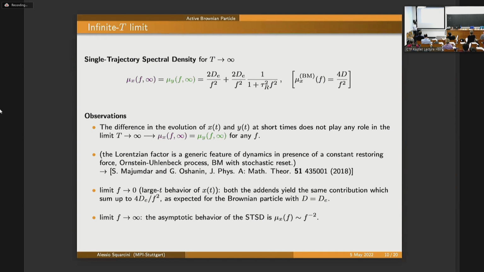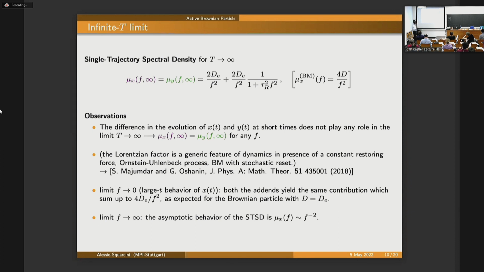The result is a 1 over f squared behavior, which is analogous to the one you have for the standard Brownian motion. On top of that, we have also, appearing in a multiplicative fashion, a Lorentzian factor. And this Lorentzian factor is quite analogous to the one already obtained by Satya and Gleb Oshanin in the case of stochastic reset, although they have a power with the Hurst exponent, which does not appear here, obviously.